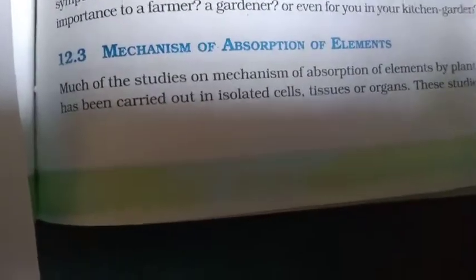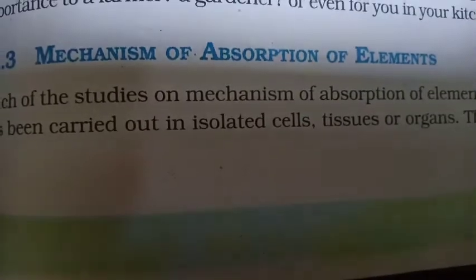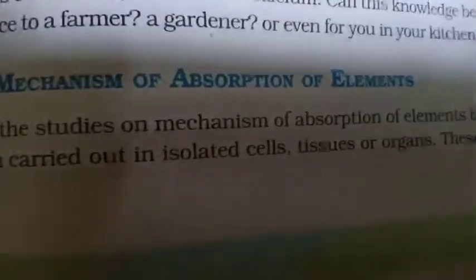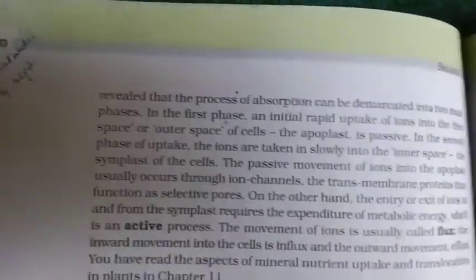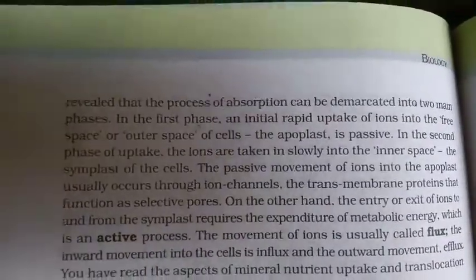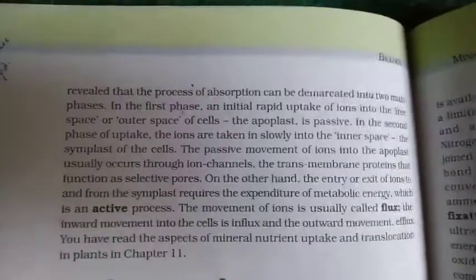In this regard, much of the studies on the mechanism of absorption of the elements by the plants has been carried out in isolated cells, tissues, or organs. These studies revealed that the process of absorption can be demarcated into two main phases.